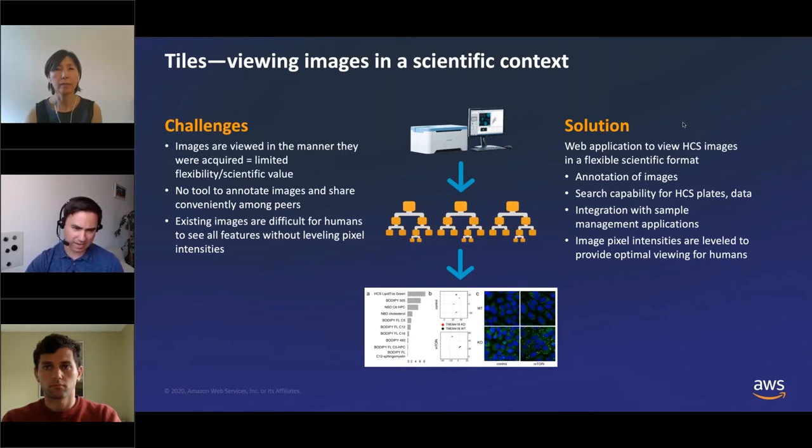And then another thing that we'll talk about with the solutions architecture is that these images are typically 8 or 16-bit depth TIFF images. By default, they're very, very black. And what we decided to do was to pre-process them to make them more friendly to the human eye.